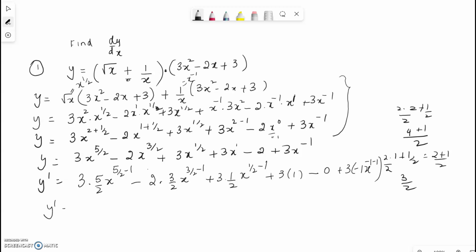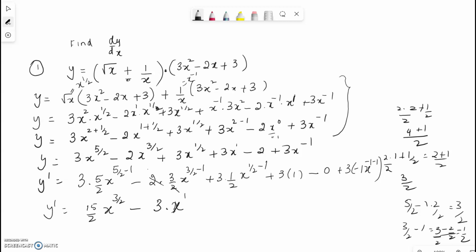Now simplifying, we get 15 over 2 x to the 5 halves minus 1, which is 5 minus 2, that is 3 halves. The 2 and the 2 get cancelled. So that's 3 times 3 halves minus 1, which is 3 over 2 minus 2 over 2, that's 1 over 2.